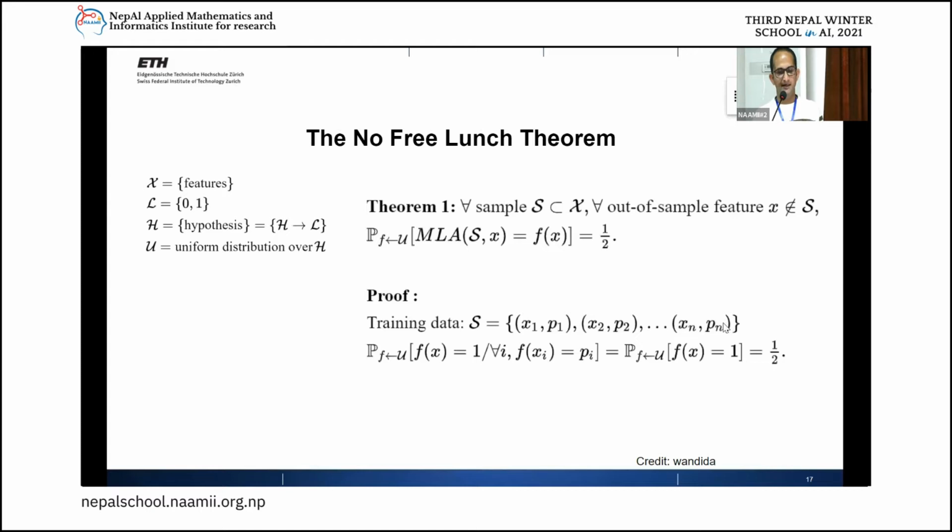Then the label being equal to 1, given all these data points, the labels of the data points equal to Pi has no relationship whatsoever. If they don't have any relationship, this conditional part will go away, and eventually it just becomes the probability of Fx being equal to 1. And under the uniform assumption, it's just going to be half.